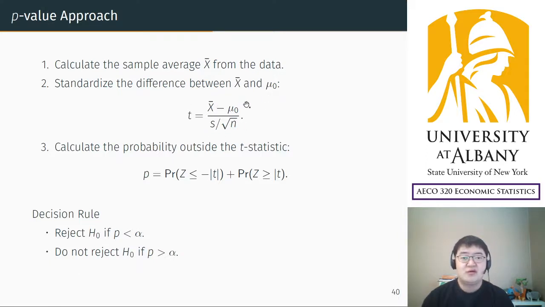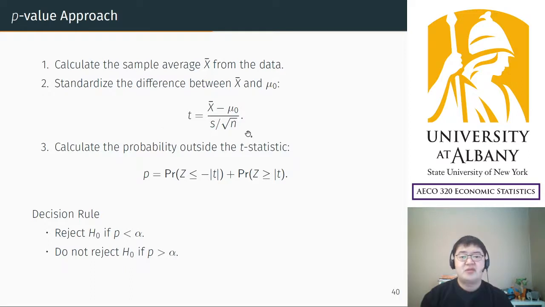So this is the standardization. We standardize X bar using its sampling distribution under the assumption that the null hypothesis is true. Then you will get this. This is called the t-statistic. Usually we use t to denote this statistic.